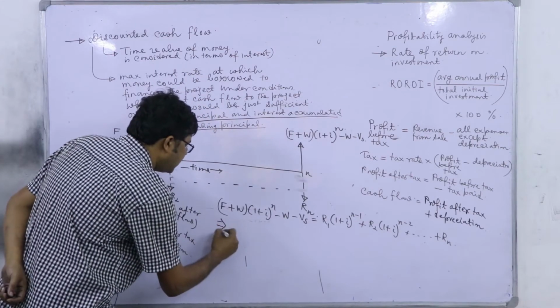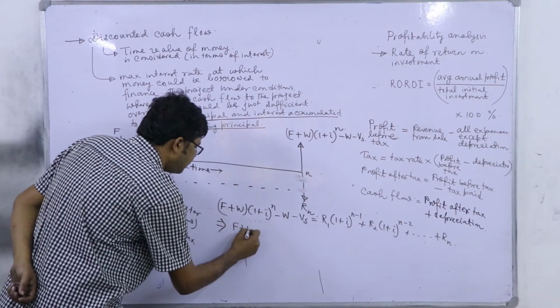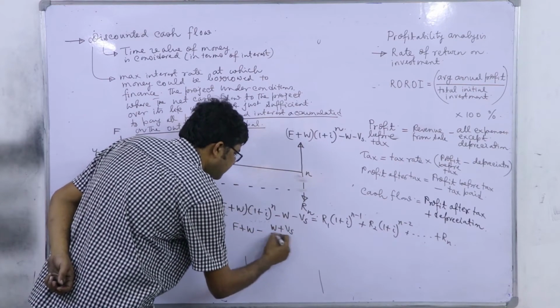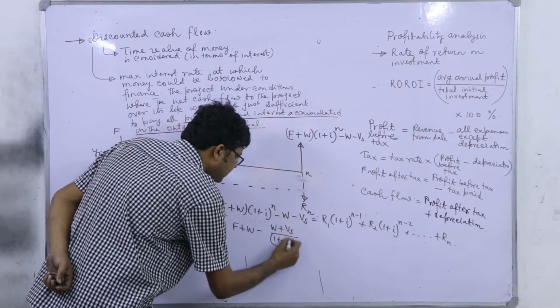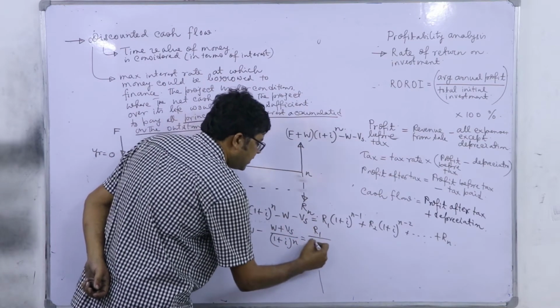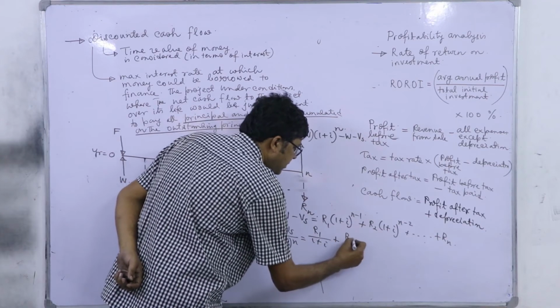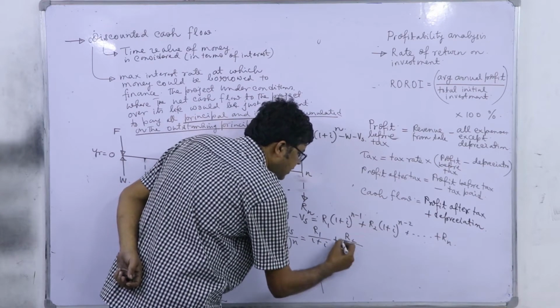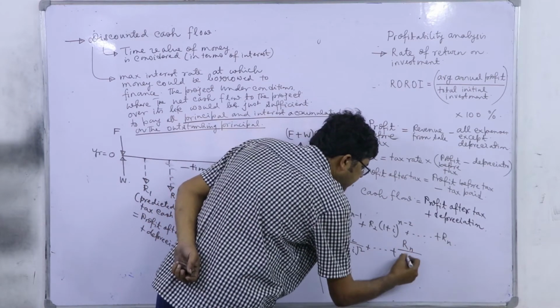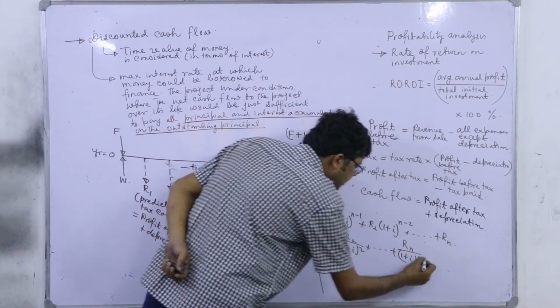Now, if I divide by this present worth factor, F plus W minus W plus Vs divided by 1 plus I to the power n is equal to R1 divided by 1 plus I, plus R2 divided by 1 plus I square, plus Rn divided by 1 plus I to the power n.